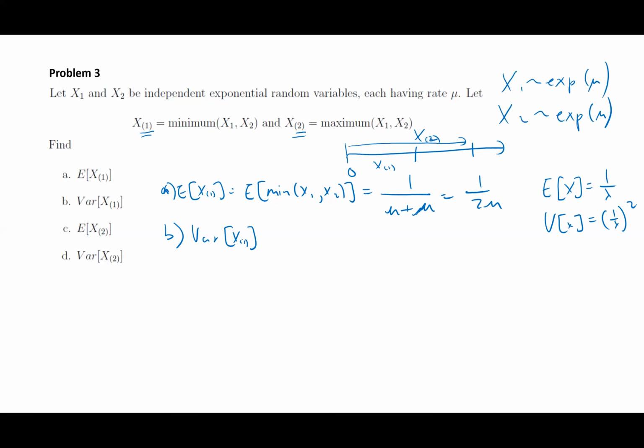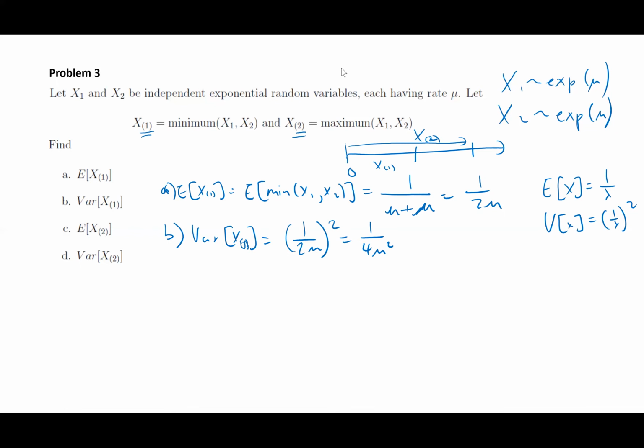So if I want the variance of the minimum of X1 and X2, the expected value was 1 over 2 mu, and the variance is the entire quantity squared, so we get 1 over 4 mu squared. Okay, that's how we show the minimum.